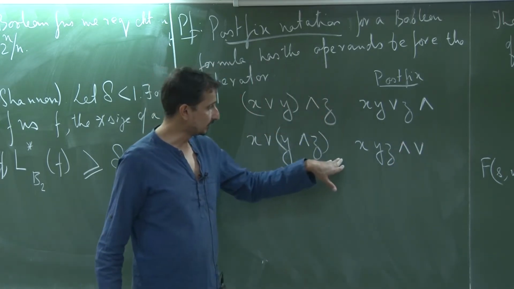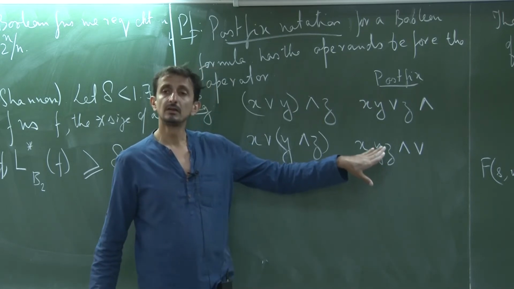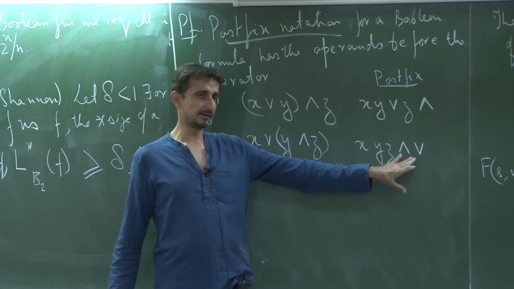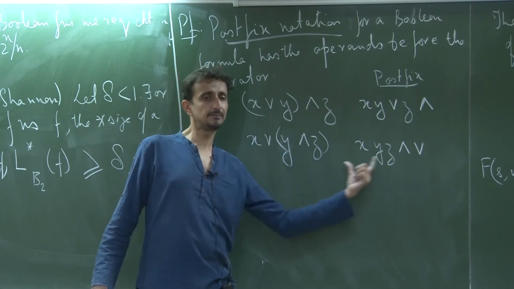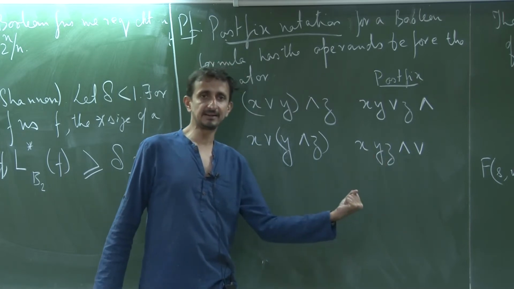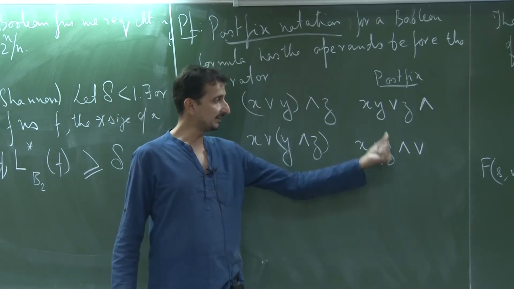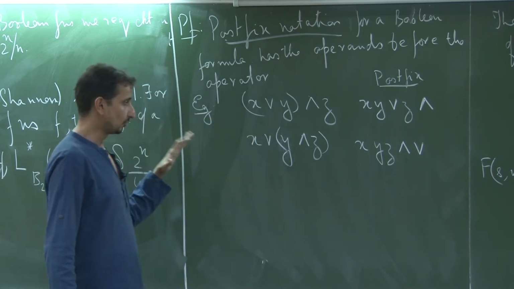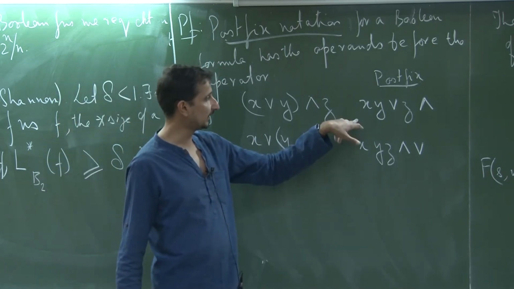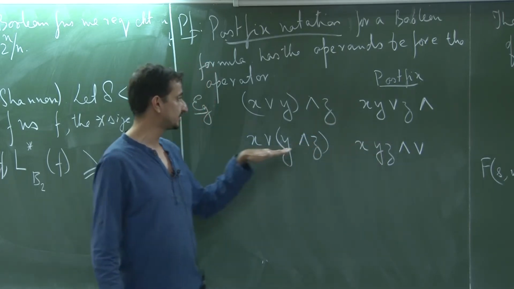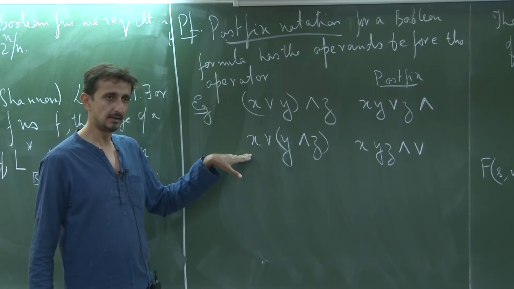So, I keep on looking at the operands until I get an operator. The moment I get an operator, I look at the previous two operands, which are y and z. So, I do y and z, and I get that result, and then with that result I do or with x. The point is that the relative order of the variables remains the same.